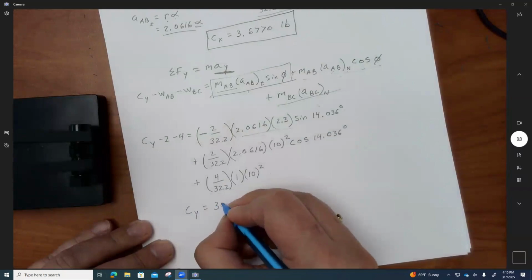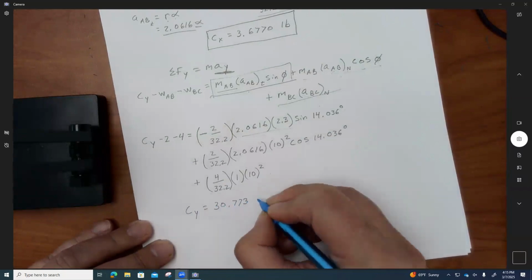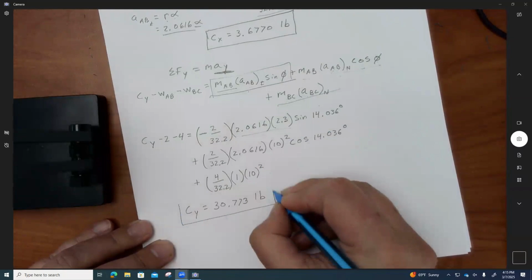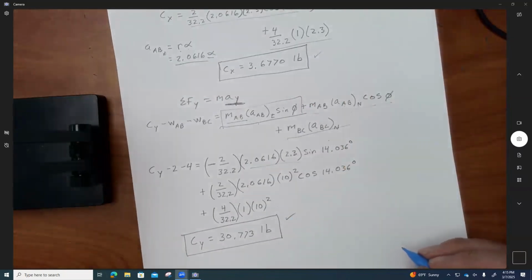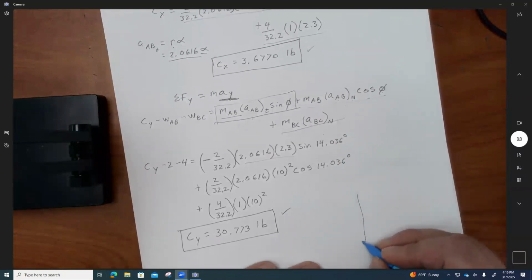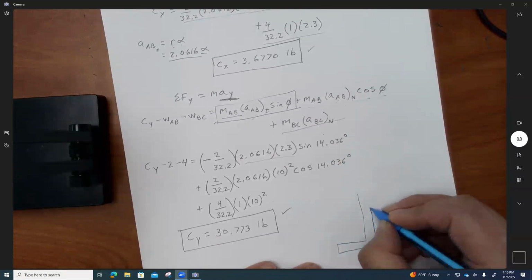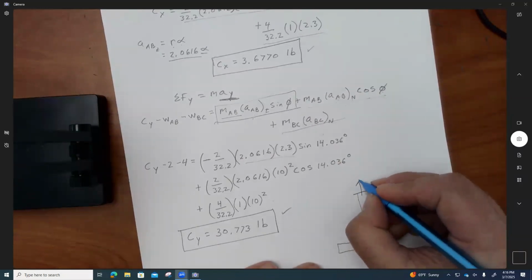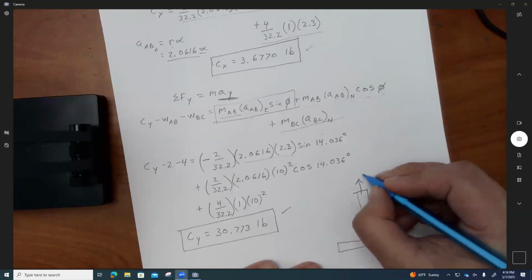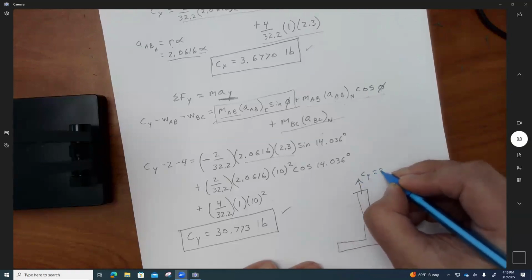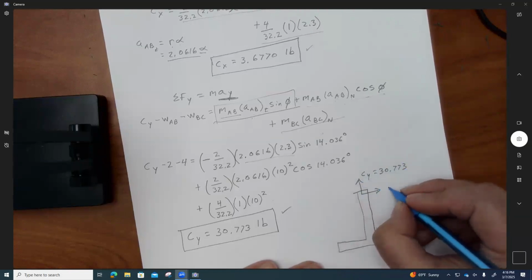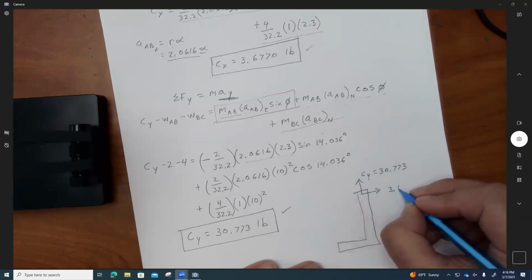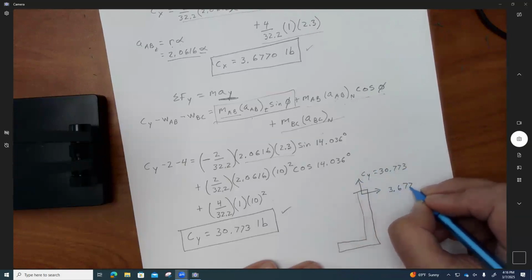Cy is going to be 30.773 pounds. And both of those are going to be positive. So if we were to draw our free body diagram, once we look at what we have, we're going to have the Cy going up at 30.773 and the Cx to the right at 3.6770.